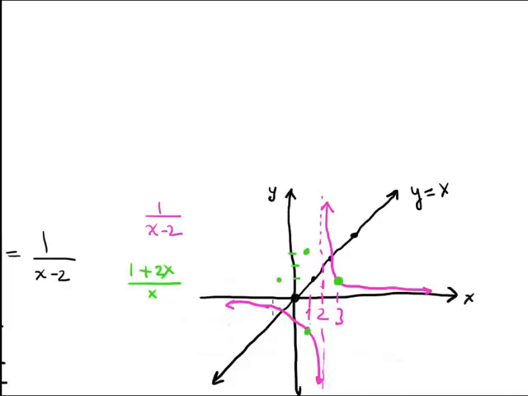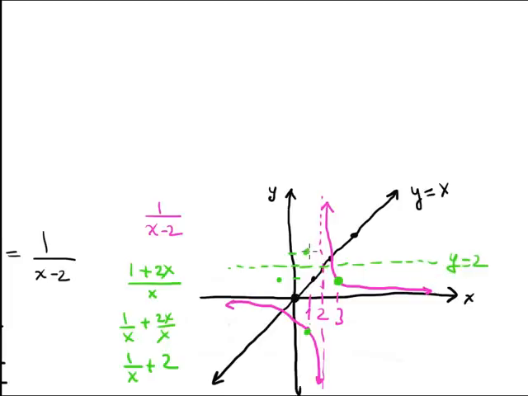Okay. Now another way to see it, you separate: 1 over x plus 2x over x is 1 over x plus 2. So it's exactly the same as the reciprocal function, but plus 2. Plus 2 means you have a vertical shift, and this line represents y equal to 2, the horizontal asymptote.